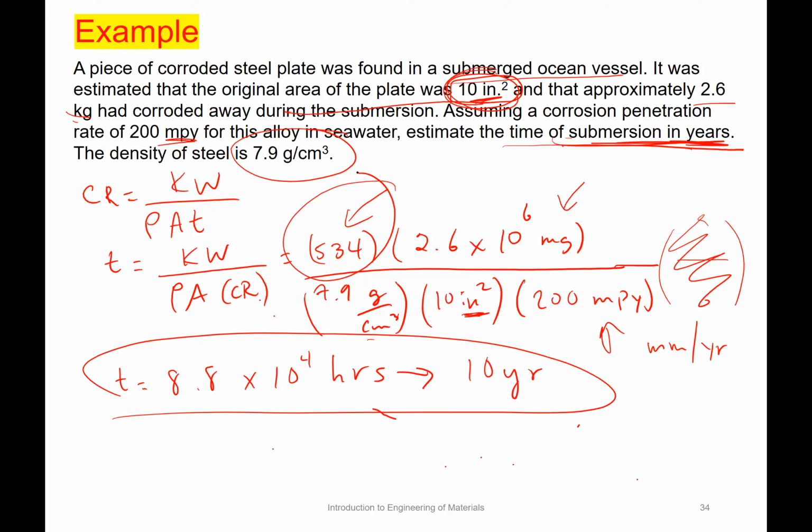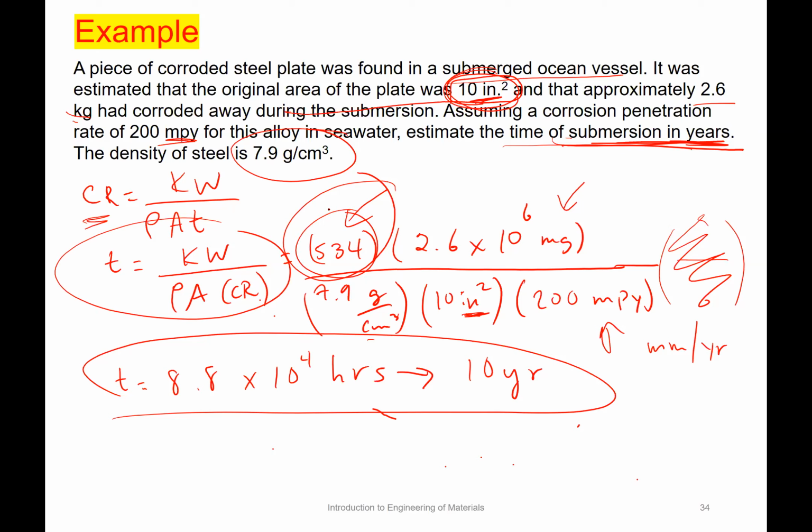One of the reasons why you're given those two equations for corrosion rate, 534 or 87.6, is because you're locked into these standard units. If you use something else that's not the standard conventional way of doing these corrosion analyses, then you would have to redo this equation and figure out what K is yourself.